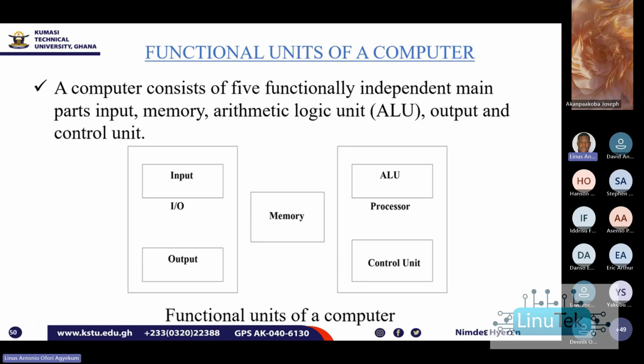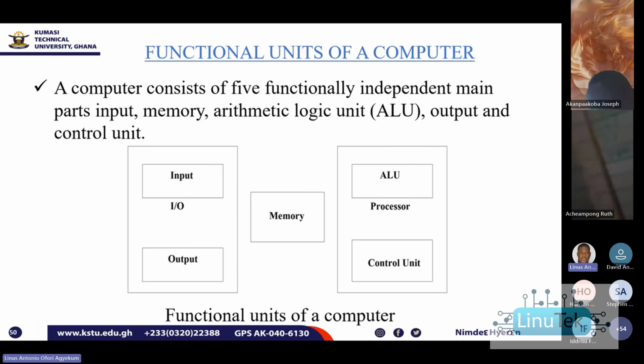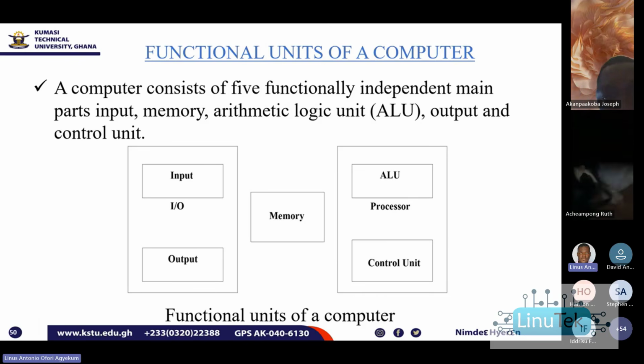From the diagram you see there, we have the input, the output, the memory, the ALU, which is the arithmetic logic unit, and then we also have the control unit, which is part of the processor. Okay, so these are the functional units of the computer.